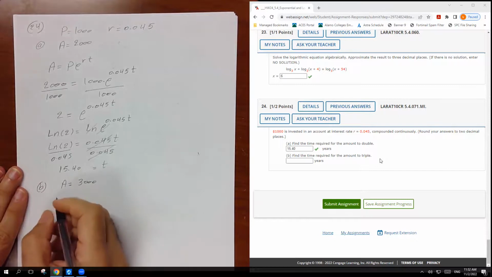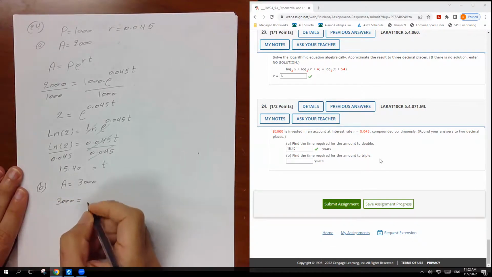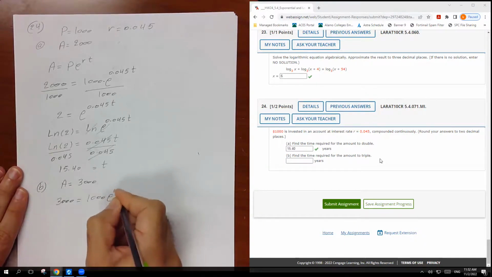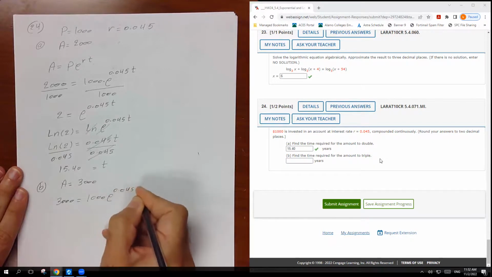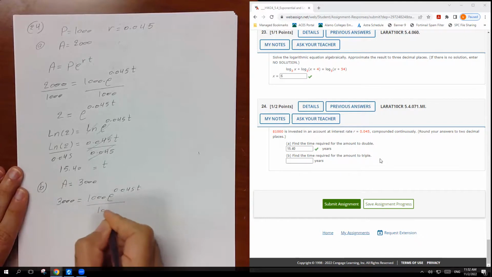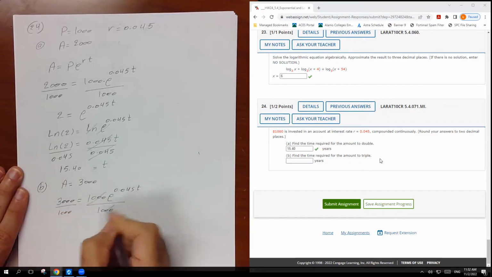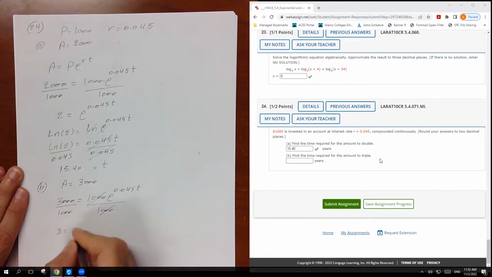So it's going to be 3,000 equals P, which is 1,000, e to the 0.045 t. The same thing, you're going to divide by 1,000. Cancel these. So it's going to be 3 equals e to the 0.045 t.